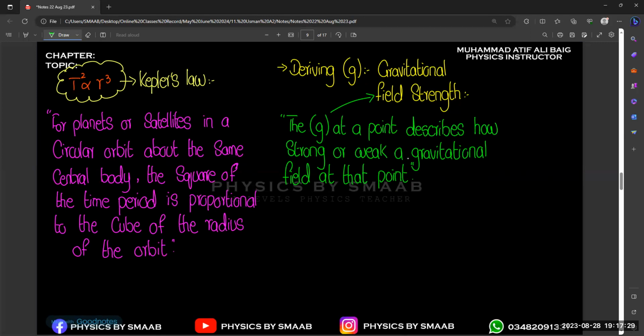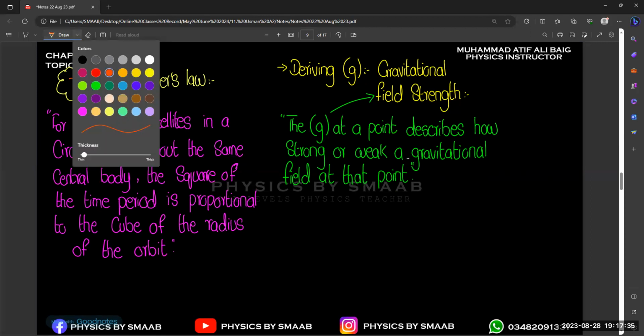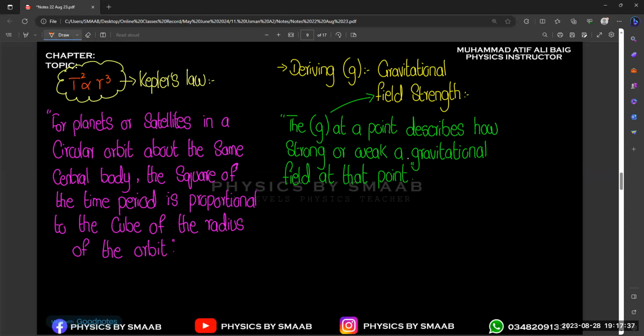Now let's start with the derivation. Suppose we have the Earth's surface, and a body is at some distance from the Earth's surface, at this point.